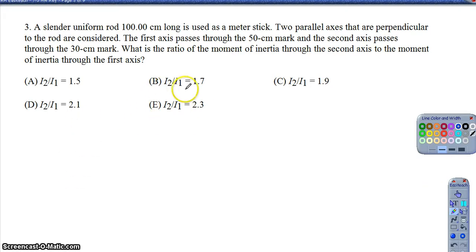But all you're doing is finding the moment of inertia for each, and the only thing I'm going to touch base on is that for when it's at the 50 centimeter mark, I'd be finding the moment of inertia about the center of mass, which for a thin rod would be 1/12 ml squared.